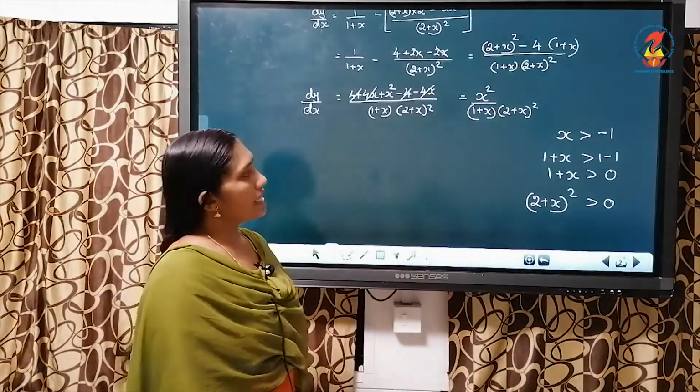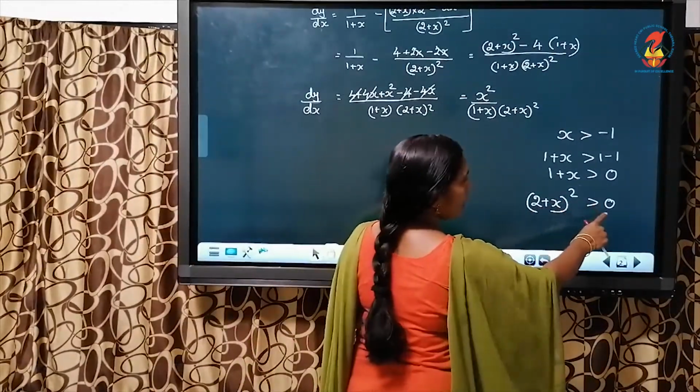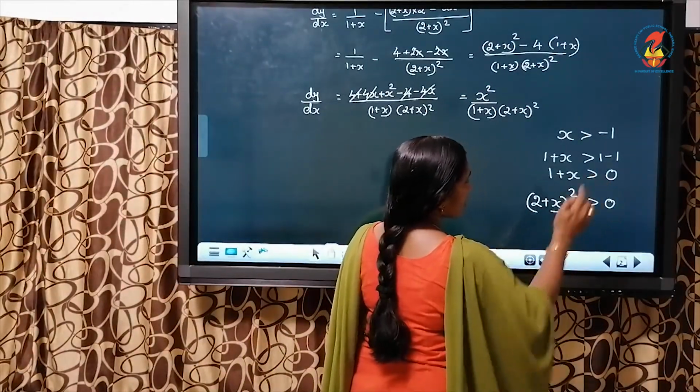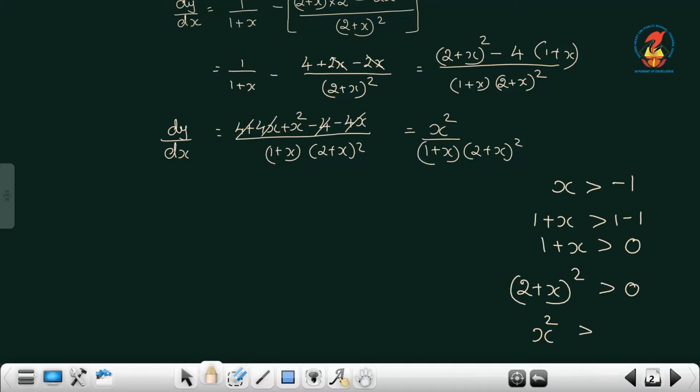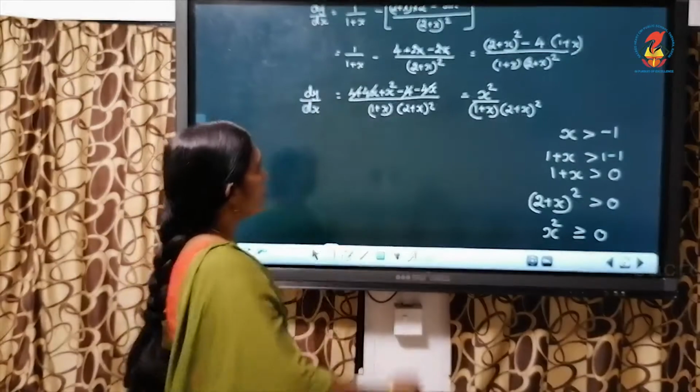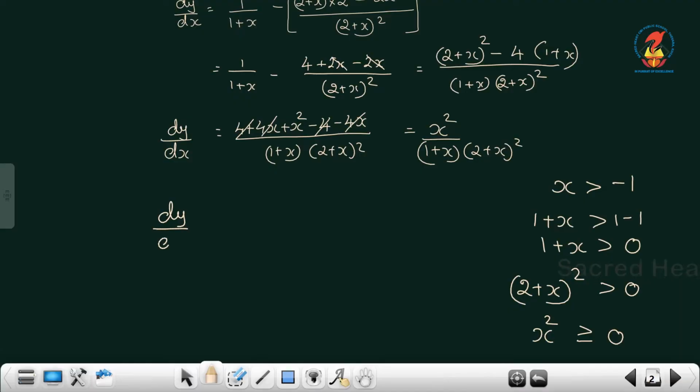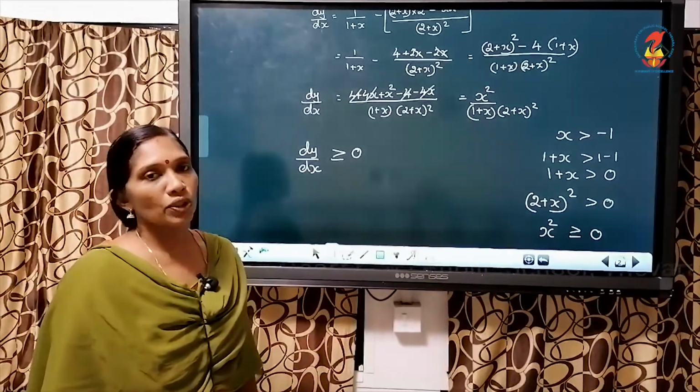So the right hand side: (2 + x) whole square is greater than 0, 1 + x is greater than 0, and x square is greater than or equal to 0. That only we can say. So dy by dx is greater than or equal to 0 for x in the domain of the function, the open interval -1 to infinity.